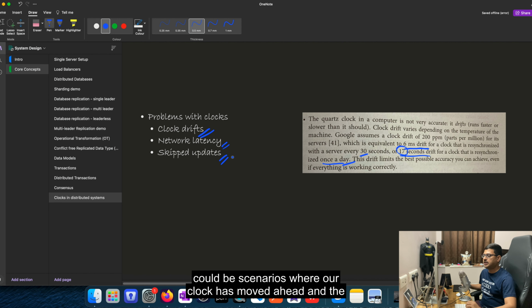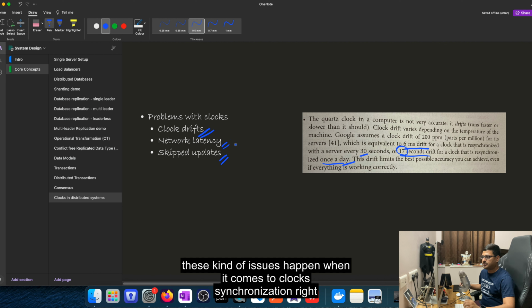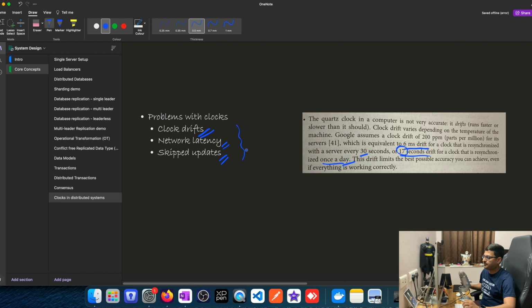Sometimes there could be scenarios where our clock has moved ahead and the network time is still falling behind, and in the next sync we get to know that we need to roll back our time, and in the meanwhile if there are any updates happening, we will see time is actually moving backward when we look at the timestamps, right? So these kinds of issues happen when it comes to clock synchronization, right?